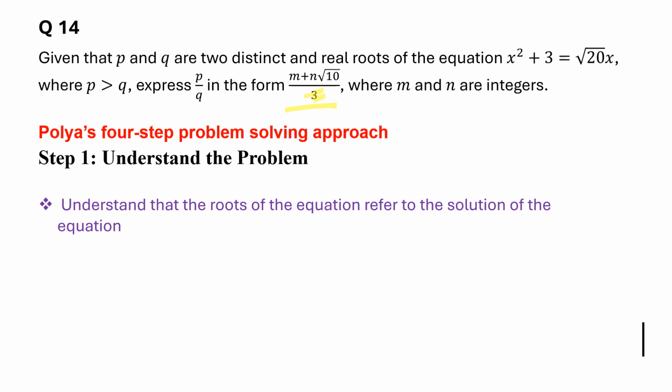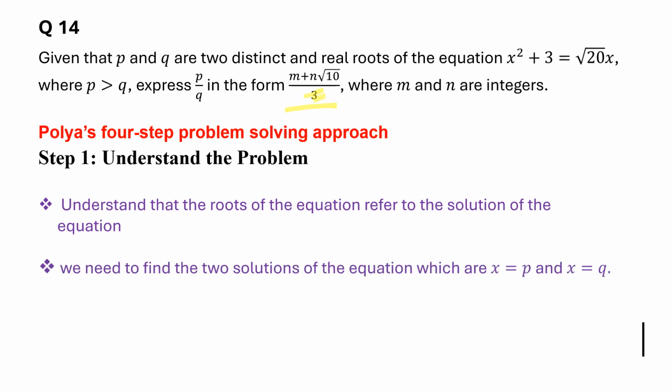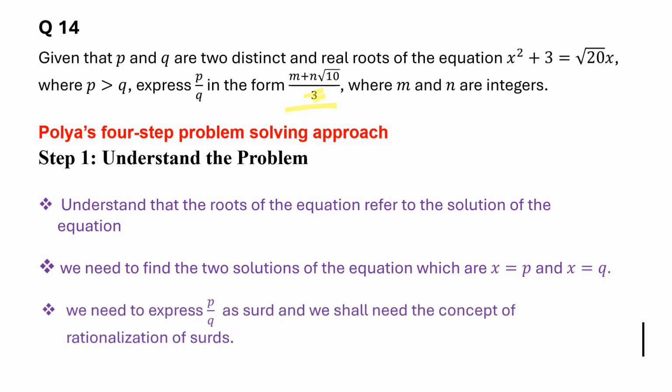So there are actually two solutions of the equation, where after finding the values for x, which are solutions of the equation, we're going to call them P and Q. And of course, the value of P must be greater than Q. After that, we're going to form a fraction, and because the answer given is in surd form, you may need the concepts of rationalization of surds. So this is understanding the problem.